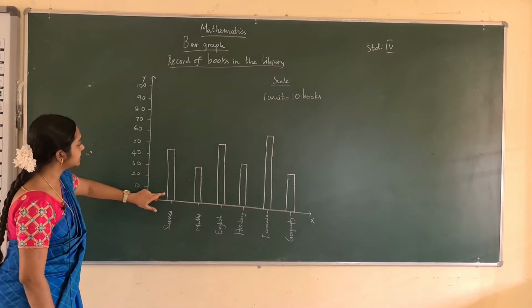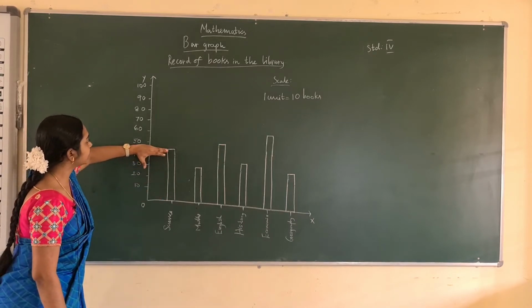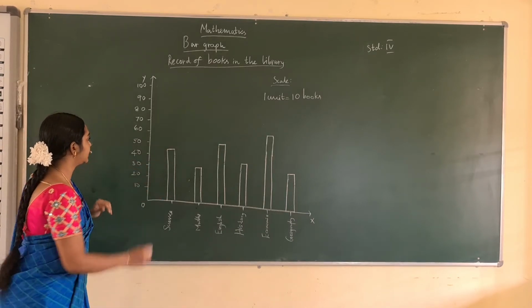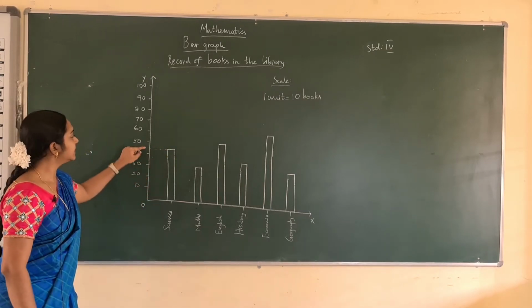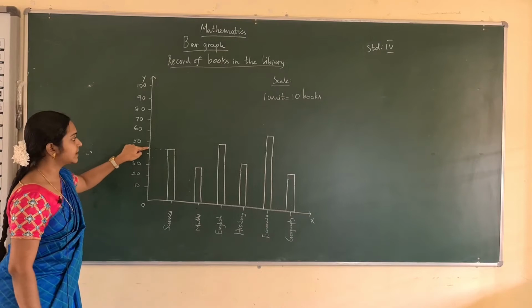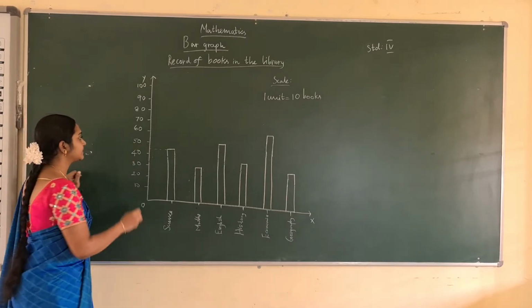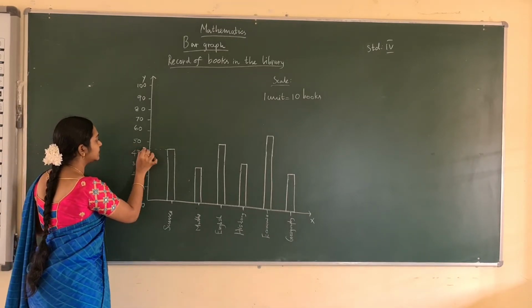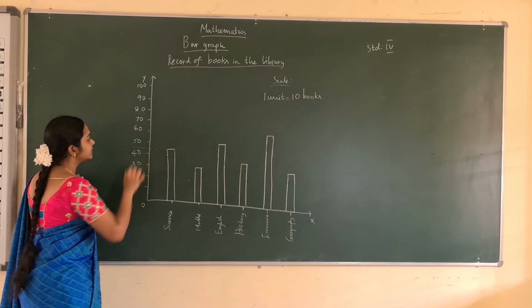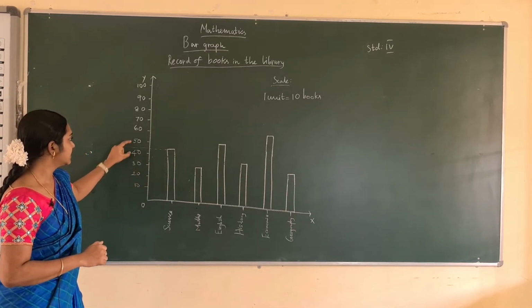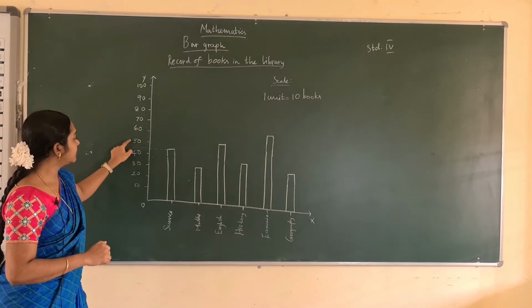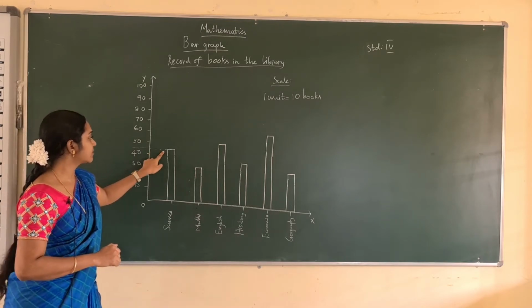There will be a dark line here, that is the middle line. That will represent the middle number between these two numbers. Here it is in between 40 and 50, so it is 45.